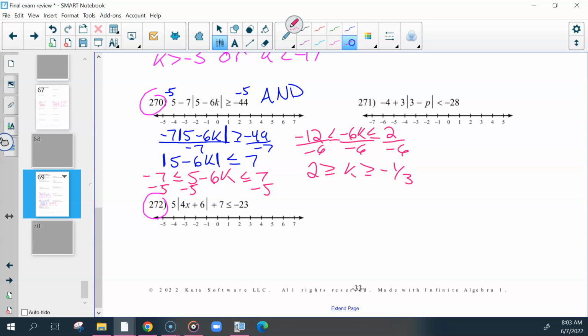Maybe 1/3 is going to be somewhere here. And 8 is less than 2.